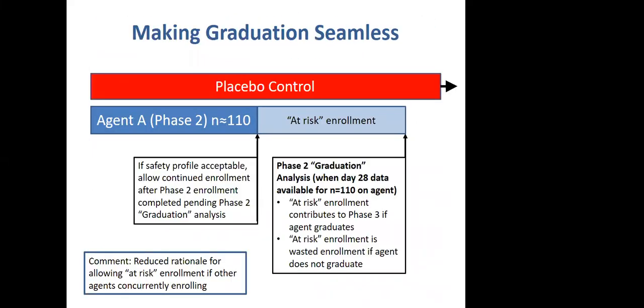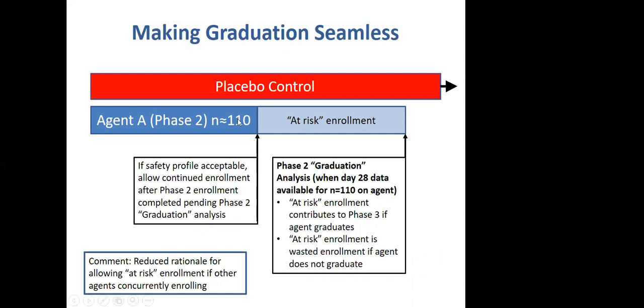I'm going to skip that. So making graduation seamless is quite challenging when it takes several weeks to get the virology testing done and the results back and analyzed.